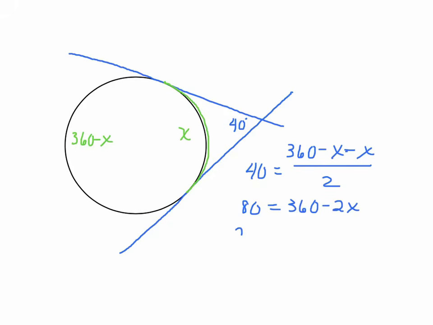Then I'll move the 2x to this side, it becomes positive, and then I subtract 80 and I get 280. So x must be 140 degrees. So the measure of this arc over here is 140 degrees, and therefore the measure of the other arc must be 220 degrees. And we can check our work. If we take these two measurements and subtract, we get 80, and 80 divided by 2 is indeed 40.